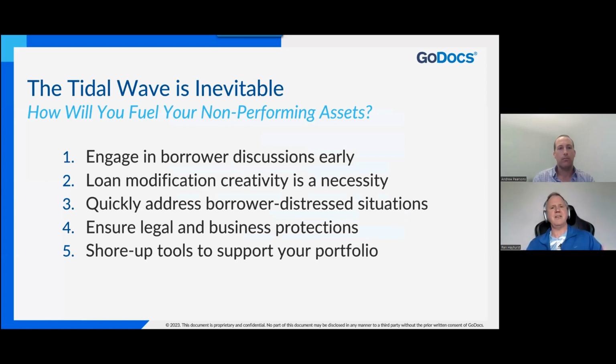So just to give you an idea of what I always think are best practices, having done this for a long time, is, again, look at your loan documents, find ways to engage with your borrowers, start discussion, get additional information.